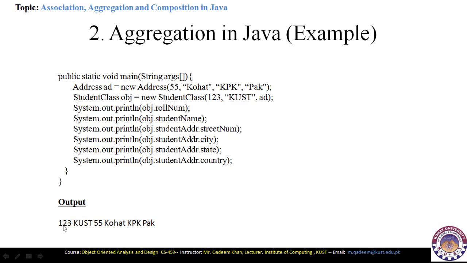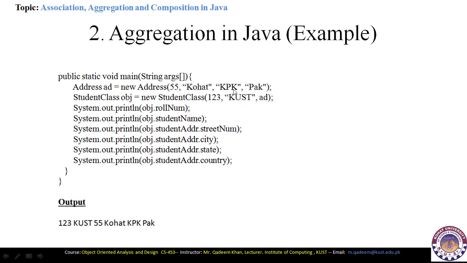The output will be 123 KUST 55 Kuwait KP Pakistan. So 123 will be accessed in the Student class, KUST will also be accessed in the Student class, and this object will in fact access all these parameters.